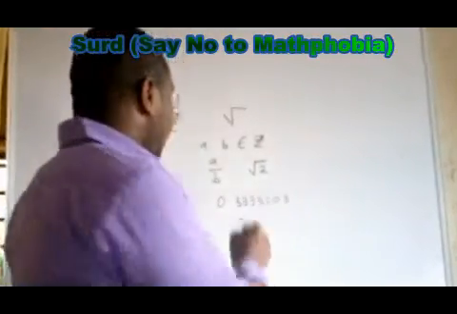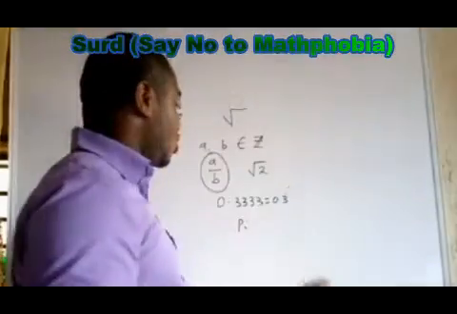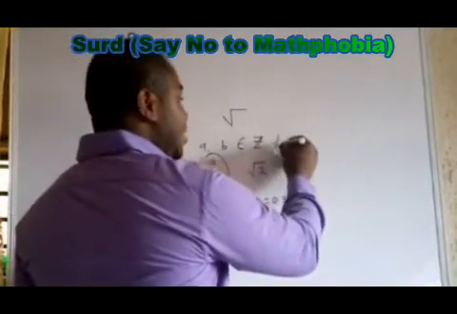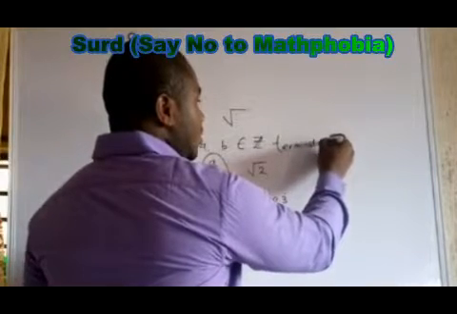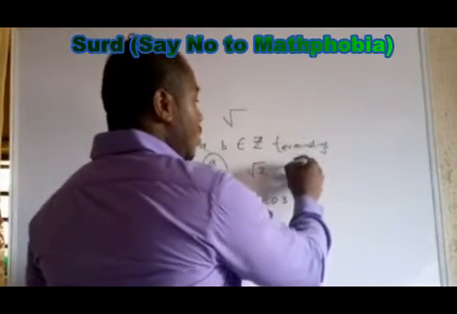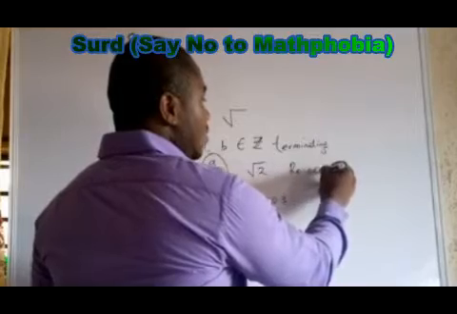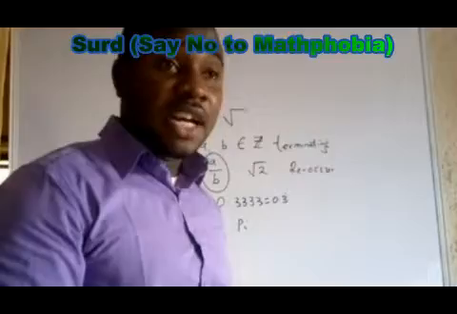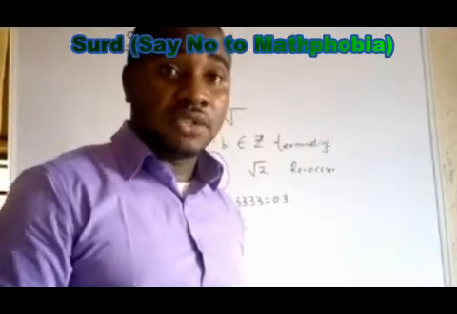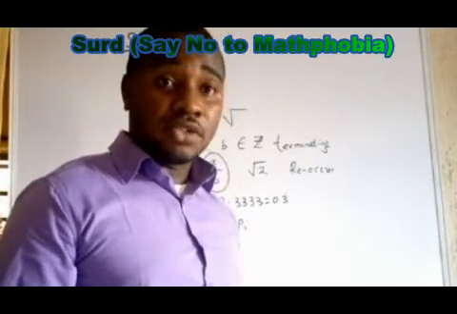When they can be expressed in this form, they are rational. Number one, they are terminating, or they recur. They recur, they terminate, they are rational. Otherwise, irrational numbers.